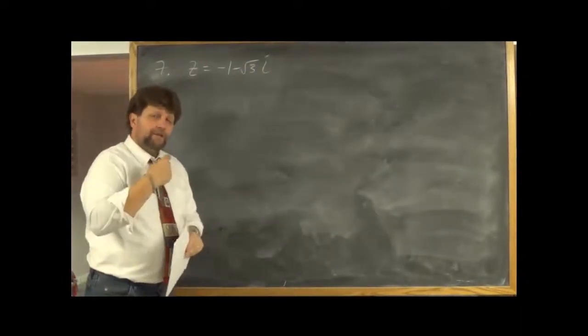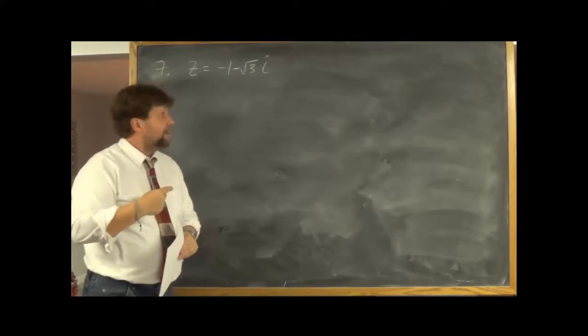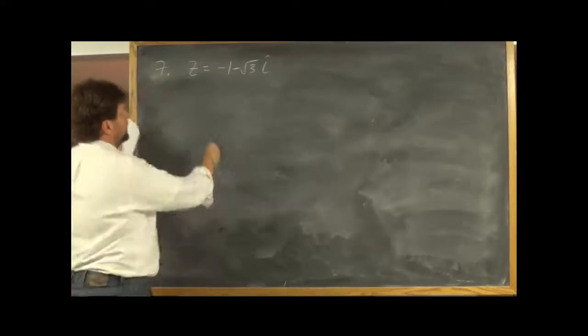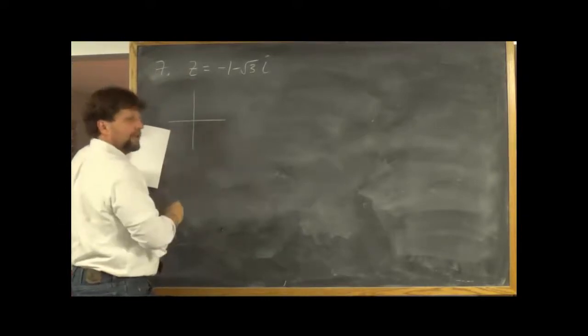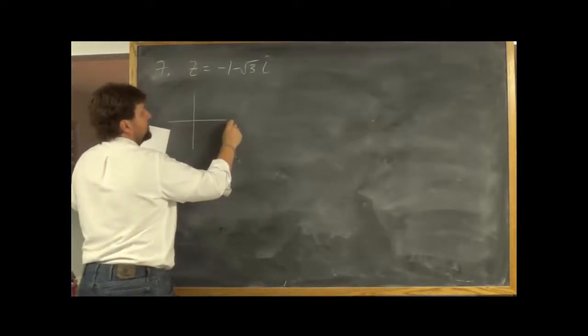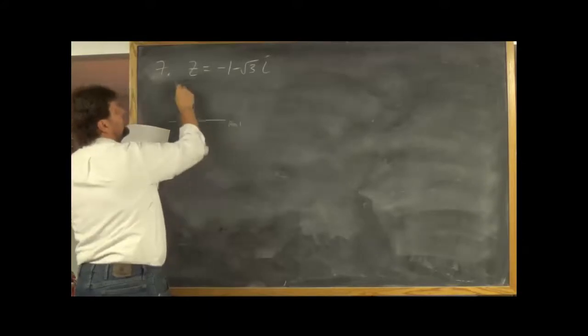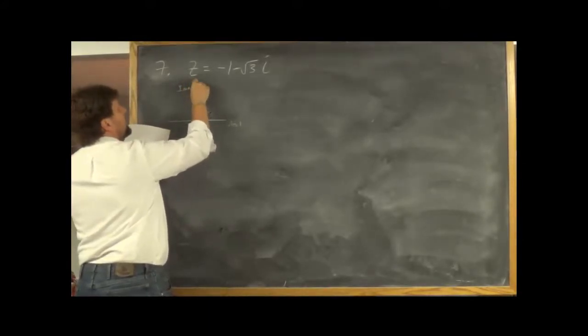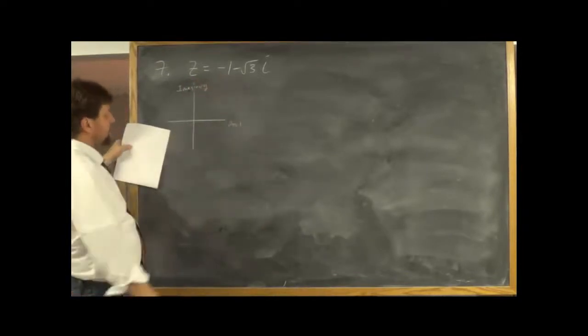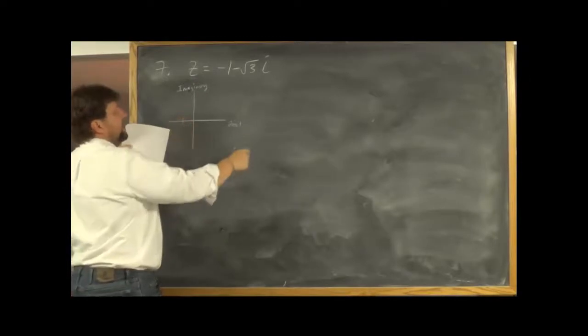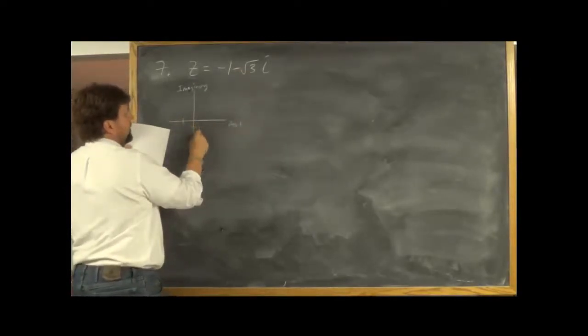The first thing I'm going to do is plot this point. Keep in mind that we make what looks like an xy coordinate system. This is the real axis, and this up here is the imaginary axis. The real part of this complex number is -1, and there's the imaginary part.